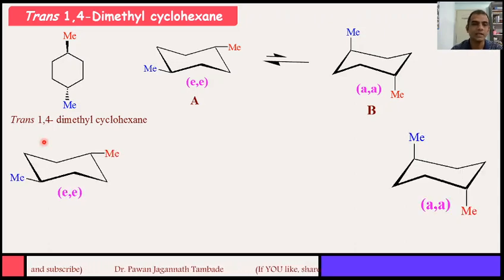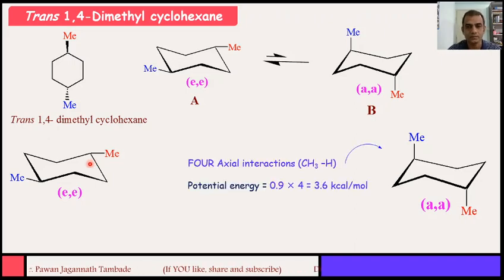If you look at structure A, that is the EE conformation, both the methyls are at equatorial positions. They do not show any kind of interaction. However, in the AA conformation, both the methyl groups are present at axial positions and each methyl will show two axial interactions, and thus these two methyl groups show 4 axial interactions with axial hydrogens.